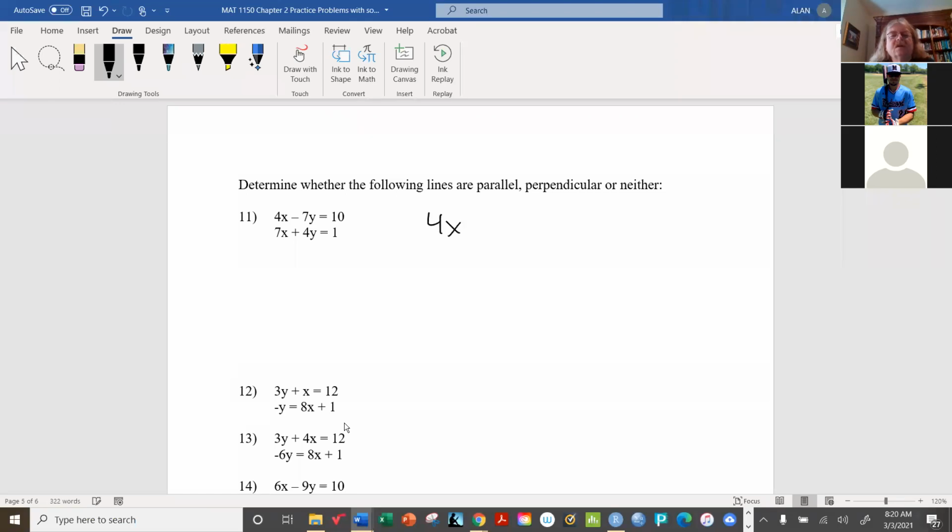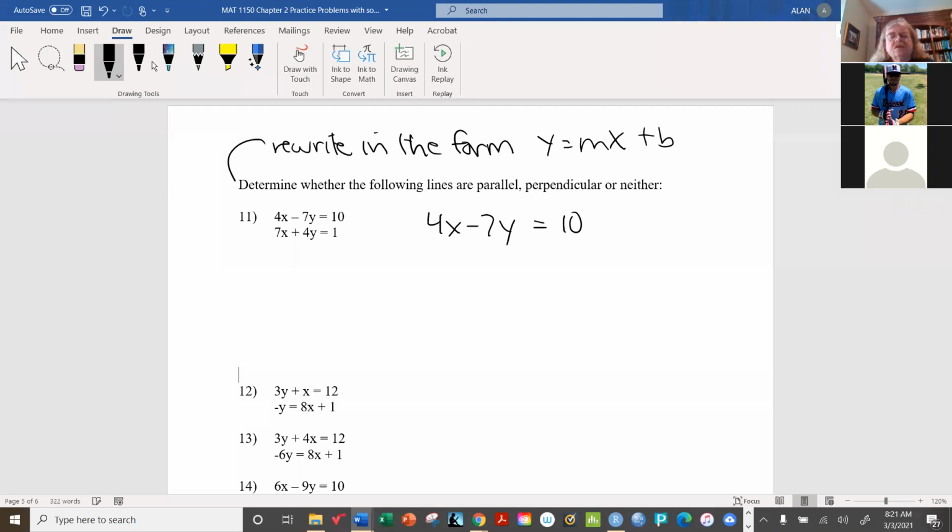So we have to do it ourselves. So let's try this first one. Our goal is to rewrite them in the form y equals mx plus b. So we're just going to do a little rearranging algebraically.